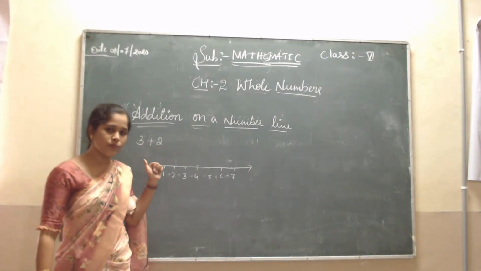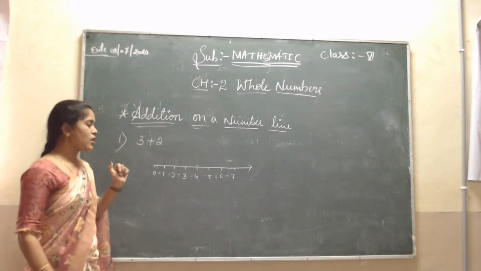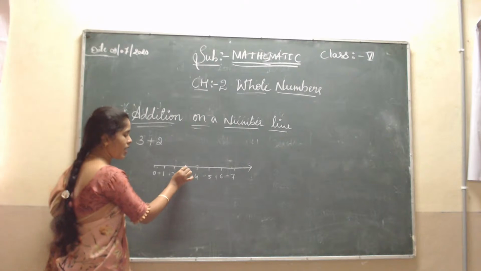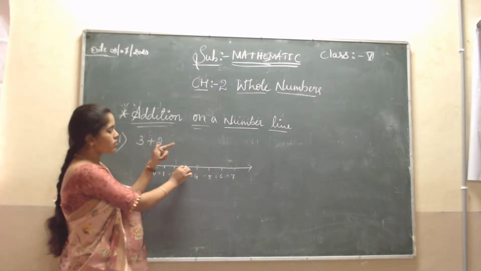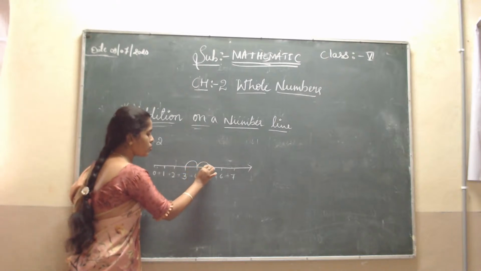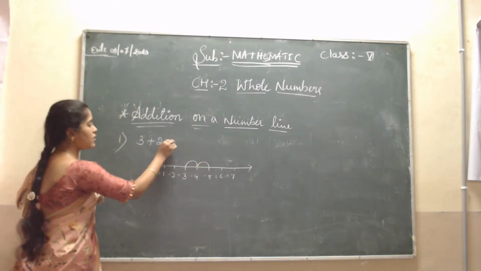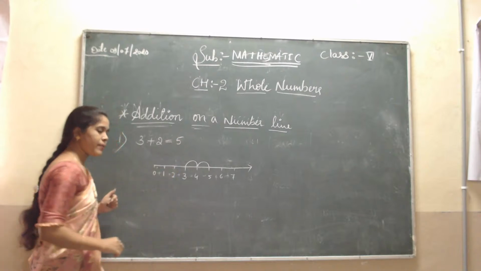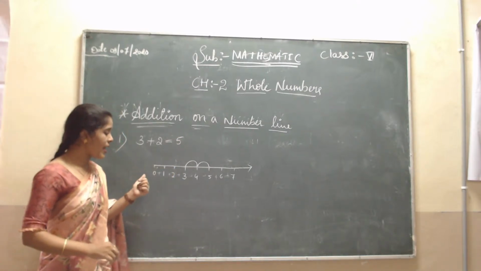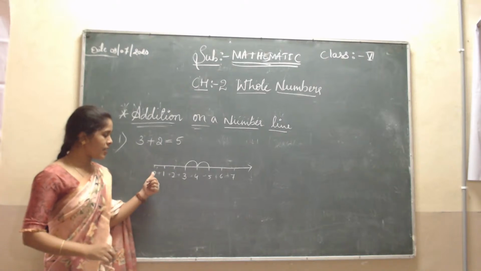Here, we should add on a number line. 3 plus 2. The first number is 3, so we will start from here. From 3, we go 2 steps, 1 and 2. We know that 3 plus 2 is 5. Now, we are adding on a number line.